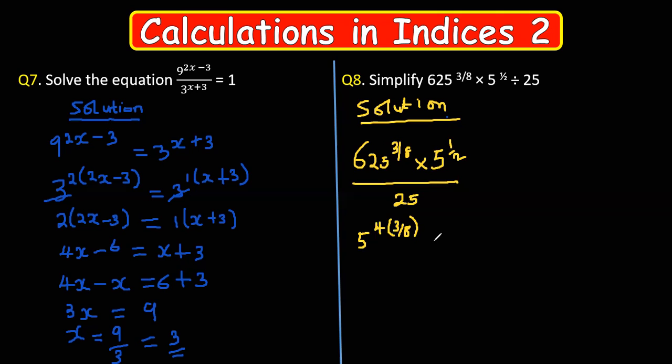Multiply by 5 raised to the power of the half that we have. So it's already in base 5. Then divided by 5 squared. That is 5 raised to the power of 2. Yes, that is what we are going to have over there.